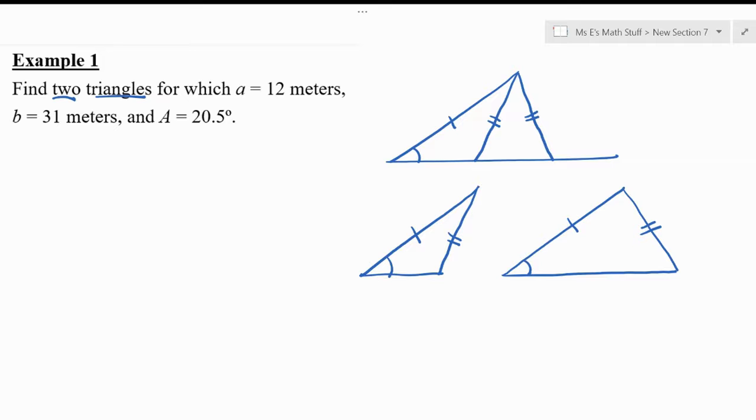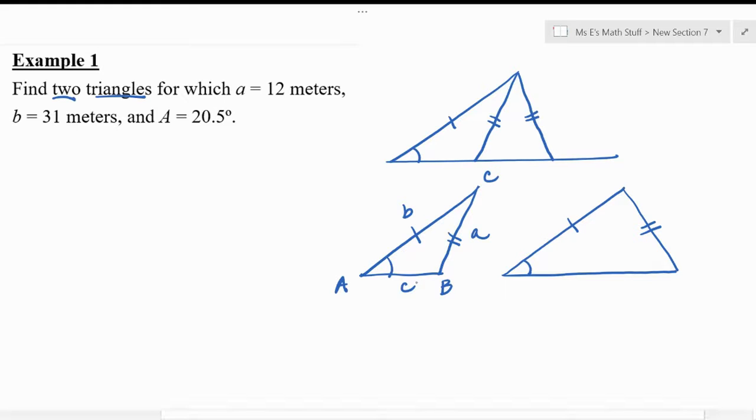Okay, so now let's label these triangles. So let's see, A, how do we want this to go? Let's say, where would B go? B is 31. I bet you it would have to be over here, huh? There we go.